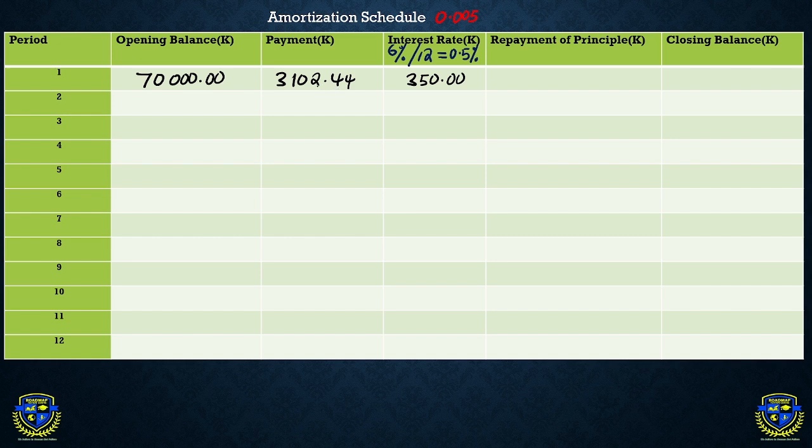So meaning the balance that's going to remain is what we check out as our closing or opening balance. The easiest way to find repayment of principal is just to subtract: your payment minus 350 is going to give us 2,752.44.